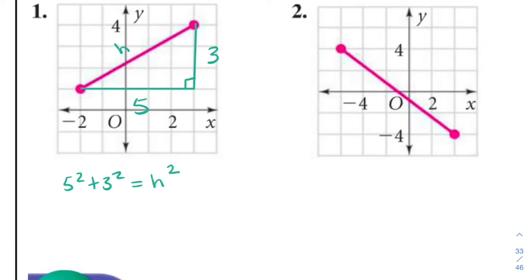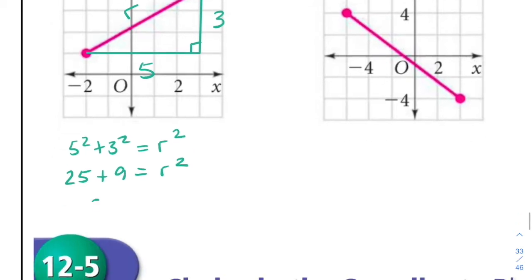Why don't I call it r for now, because we'll get more familiar with using r instead of h. So 25 plus 9 equals r squared. So we have 34 equals r squared. So r is going to be equal to the square root of 34.